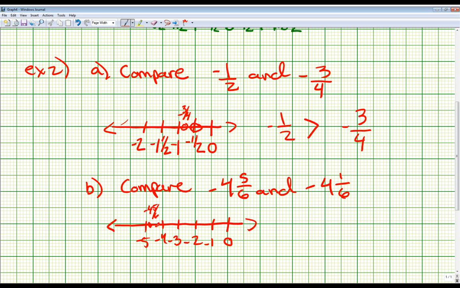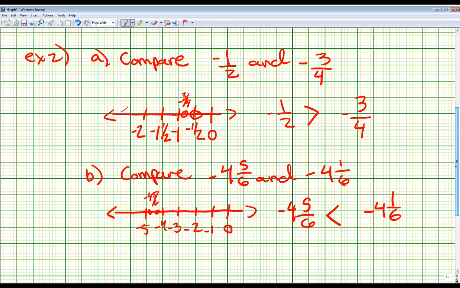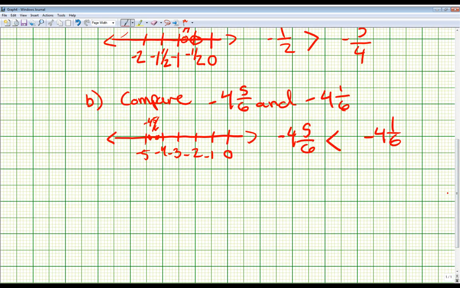So my dot would be closer here for that second one. Because the negative 4 and 5/6 is farther to the left, it is less than negative 4 and 1/6. So here are my symbols. Okay, moving on to example 3.